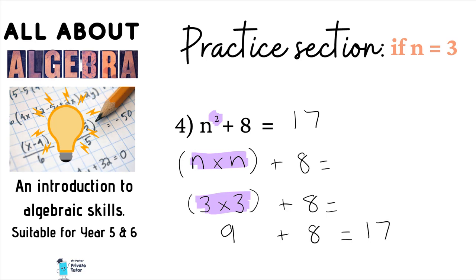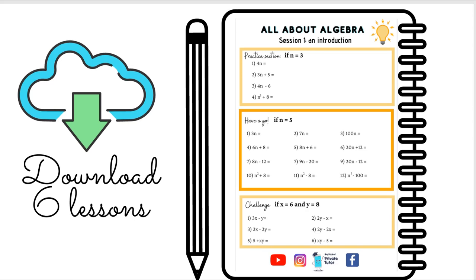So in this activity, you are substituting, you are replacing. You're given the letter n, but I'm actually giving you what that letter is worth. So you just need to swap it in. Now on your worksheet, which you should have downloaded in session 1, you have the practice session, which is what we've gone through. The have a go section, n is worth 5.